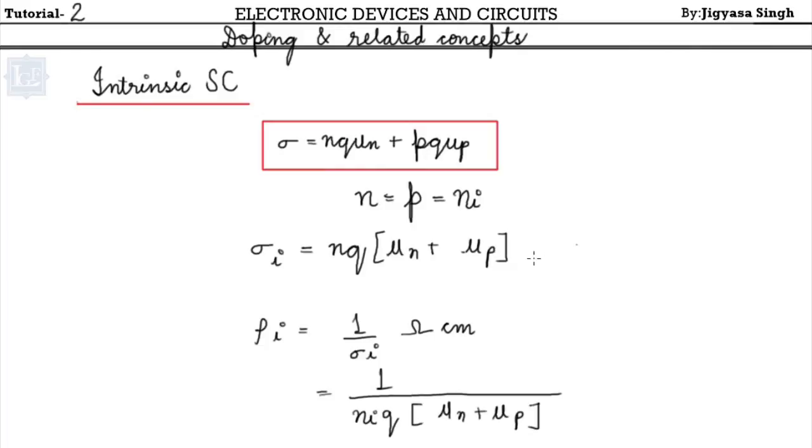Because the value of current was very low for the intrinsic semiconductor. This is the formula which you need to remember for the intrinsic one.